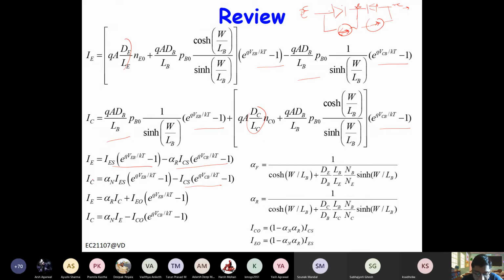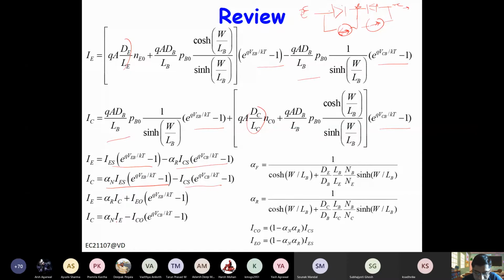So you can see here IC is alpha N times IES, right? And this exponential thing. So instead of this IES exponential thing, you can write IE minus, this will become plus, so plus alpha R ICS, right?